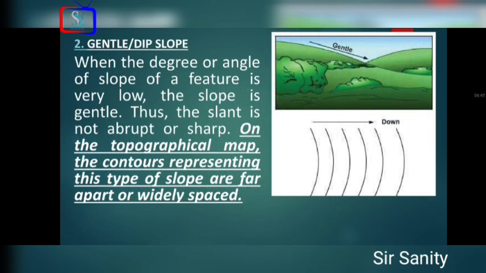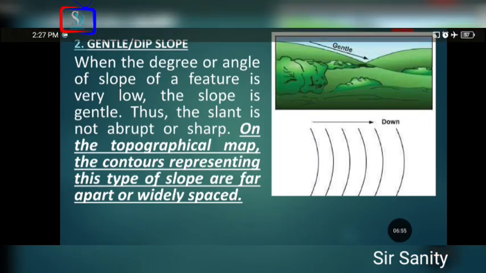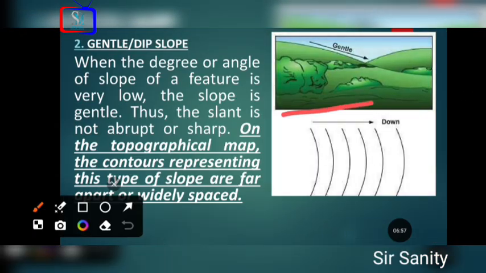Now, gentle. When the degree or angle of slope of a feature is very slow, the slope is gentle. So when you look at the diagram that we have here, you could see an example of a gentle slope, but on the topo sheet, you will not see it like this.